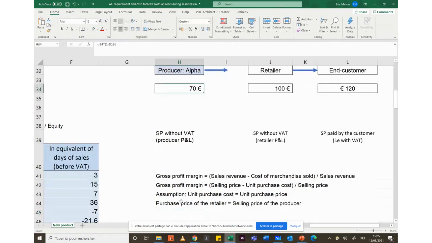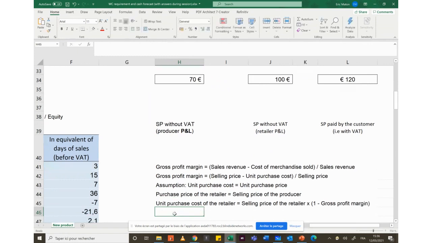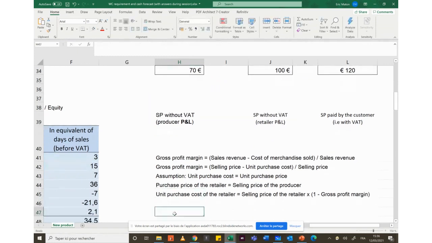So we can say the unit purchase cost for the retailer is equal to the selling price of the retailer multiplied by 1 minus the gross profit margin. From this, we can deduce the selling price of the producer.